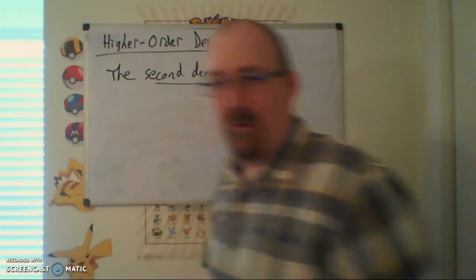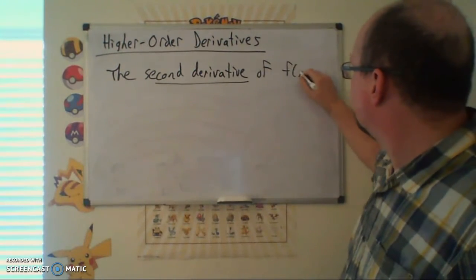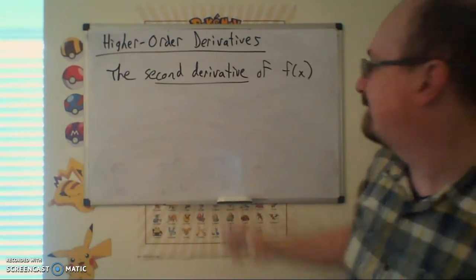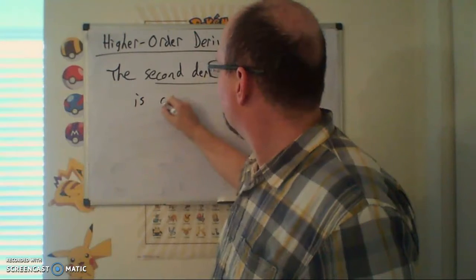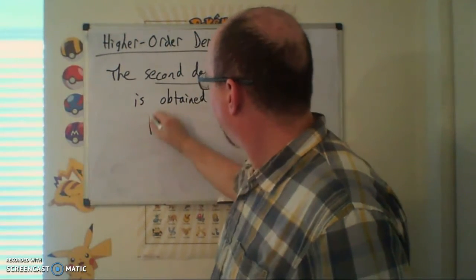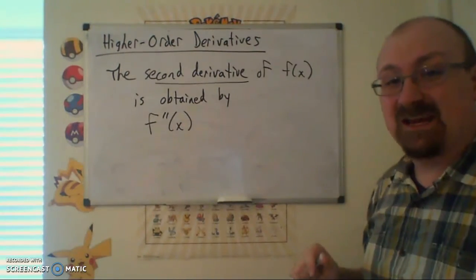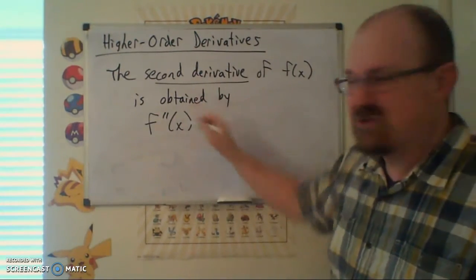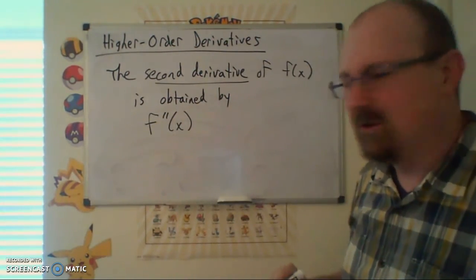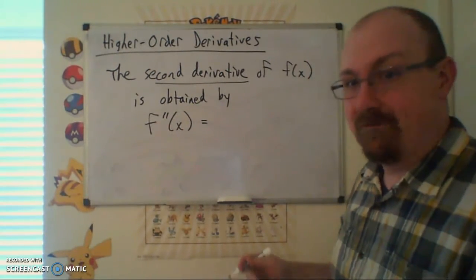So if we talk about the second order derivative, or simply the second derivative of a function, f of x, we normally denote that second derivative f double prime of x. So we have two of those not quite apostrophe looking things. But again, it's just an iteration of the principle.